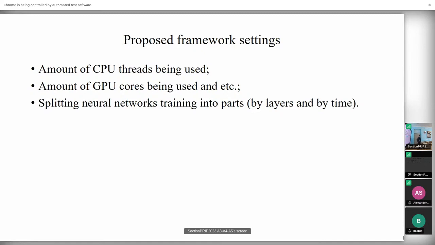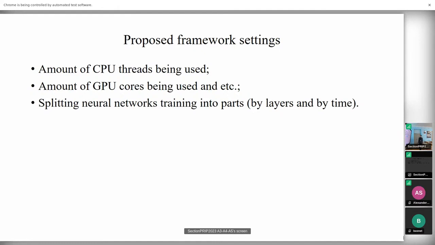We can tune, for example, the amount of working groups, the amount of cores being used, the size of working groups, and a virtual device multiplicator, which helps us to reduce the amount of neural networks on a single GPU, for example. We can also set other settings of the GPU, which are not discussed here.